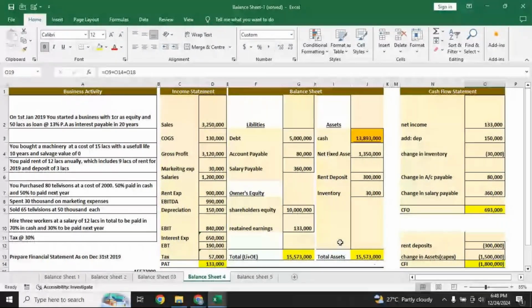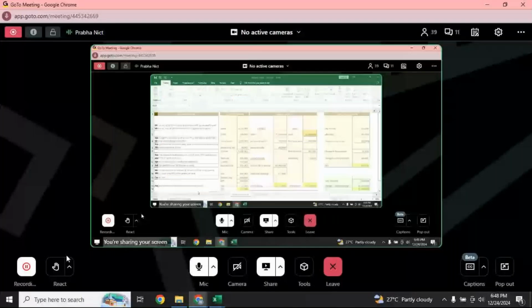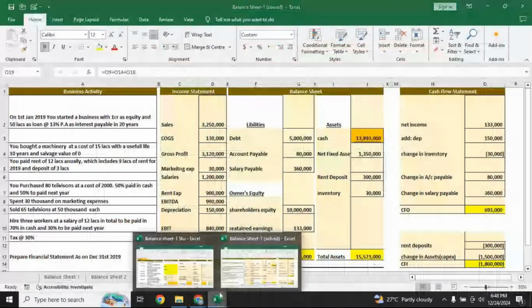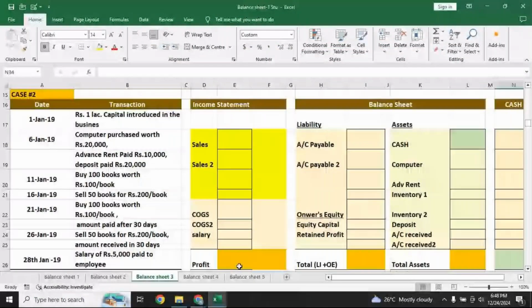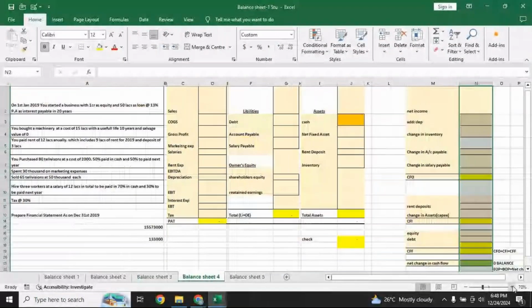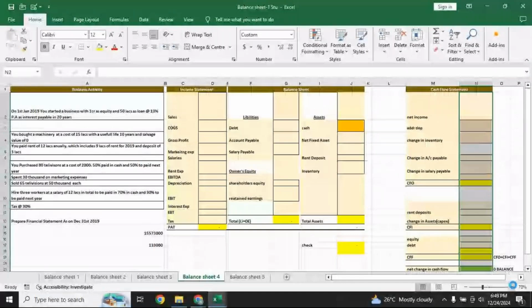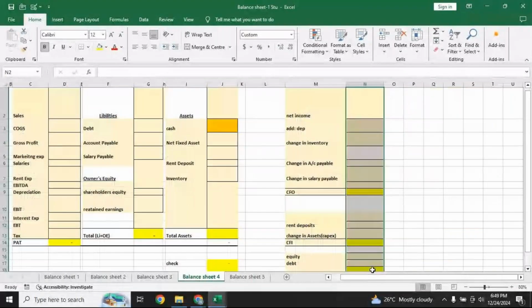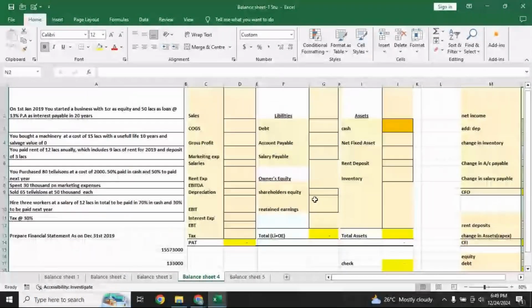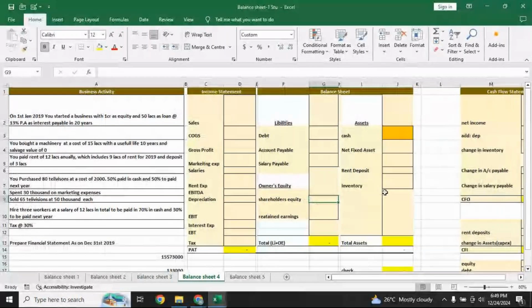Let me solve this and show. So here I am investing 1 crore of equity.